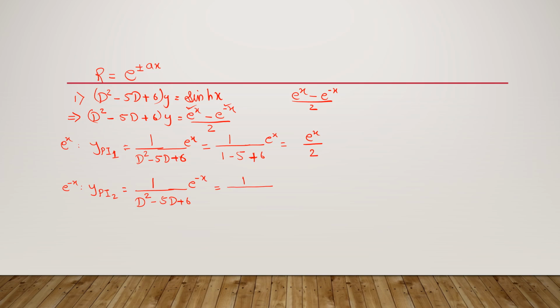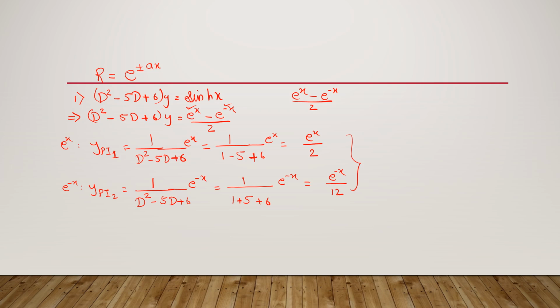Substitute a = −1 in place of D. We will find that D² becomes (−1)² = 1, minus 5 into −1 is +5, plus 6, times e^(−x). So the total sum of the denominator is not equal to 0. So the solution will be e^(−x)/12.